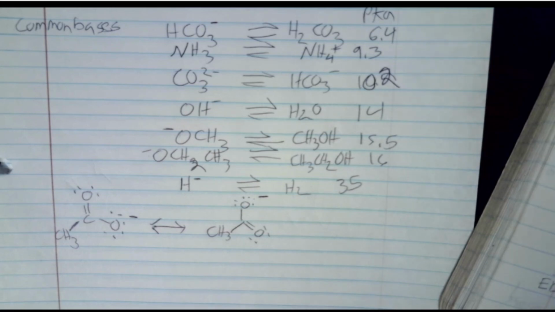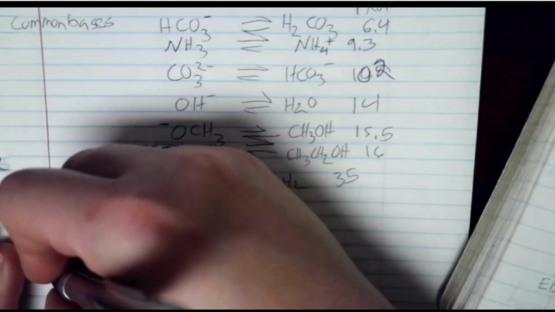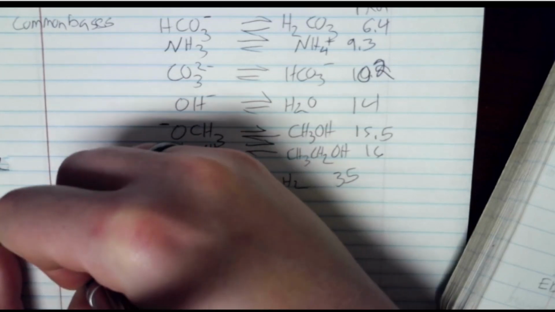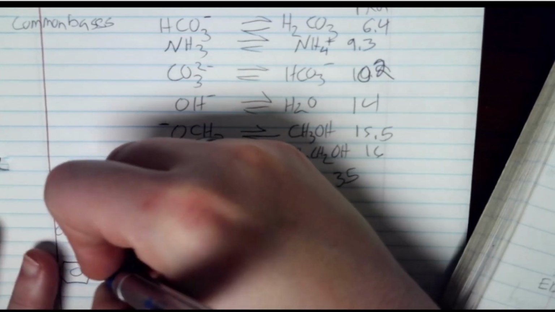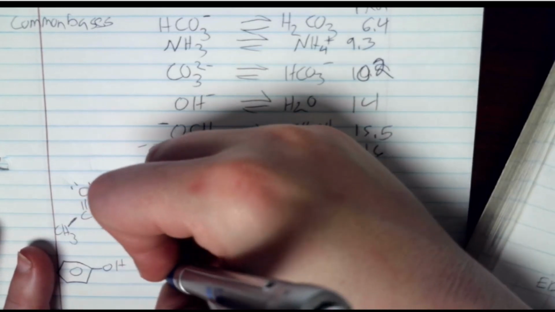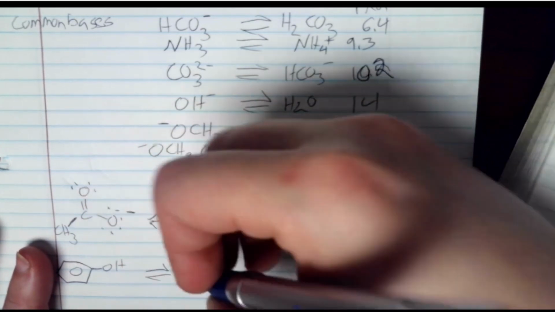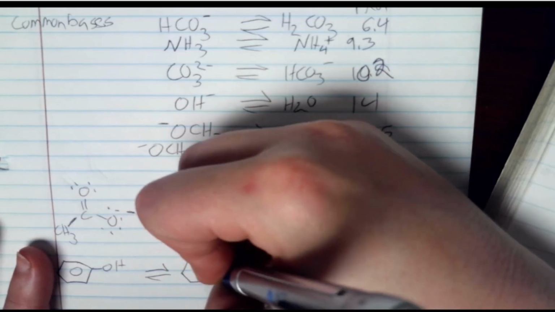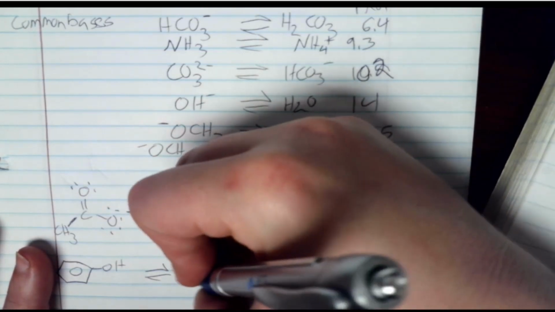So, just a quick example. Ethoxide versus ethanol. Ethanol is weaker than acetic acid, but consider phenoxide versus phenol. This guy can be resonance stabilized. This guy is mildly acidic. Let's draw the Kekulé structure so we can see this.